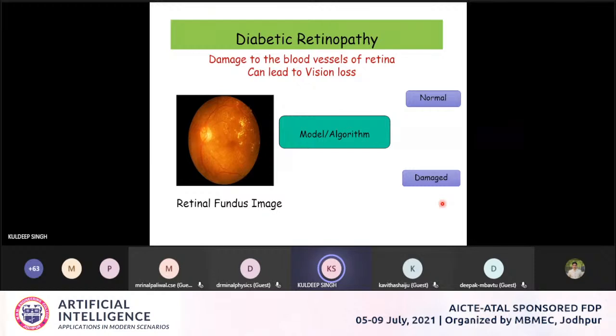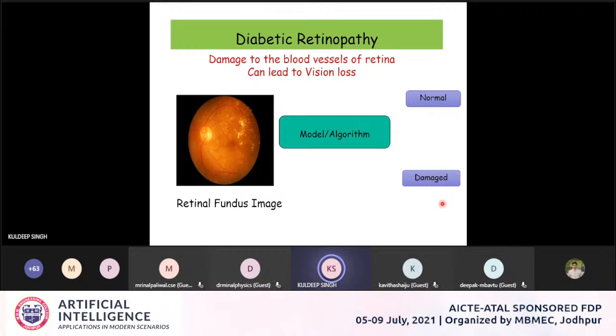Sometimes it can lead to vision loss. How does it happen? Basically, diabetes affects the blood vessels of the retina and they are damaged. And in the worst cases, a diabetic patient can lose the eyesight.